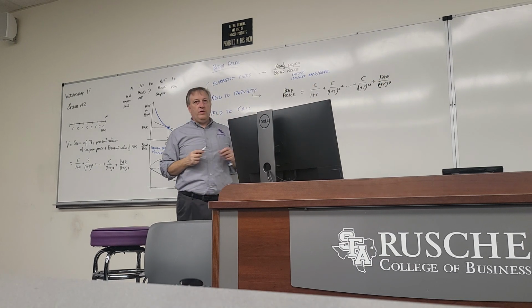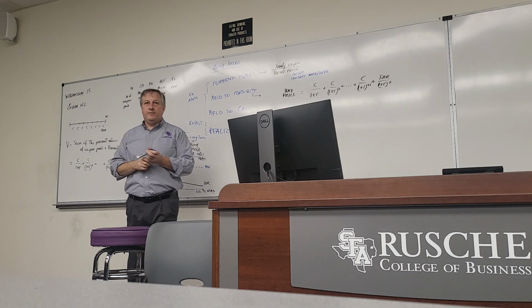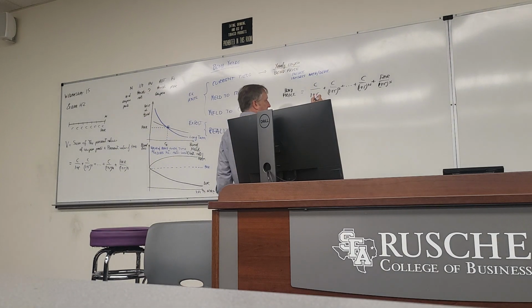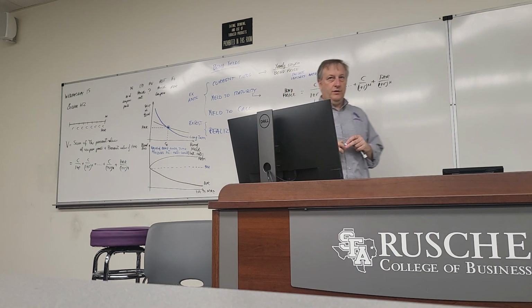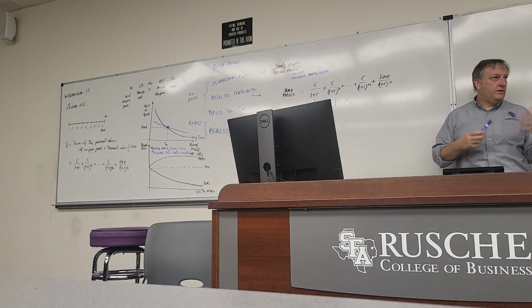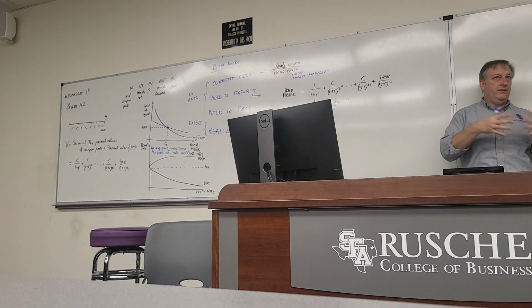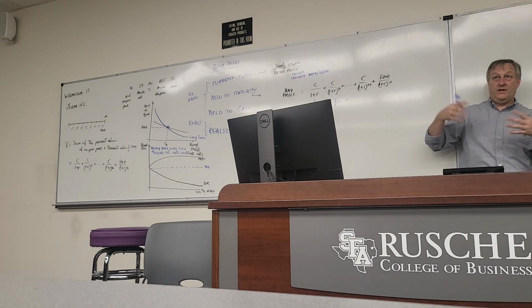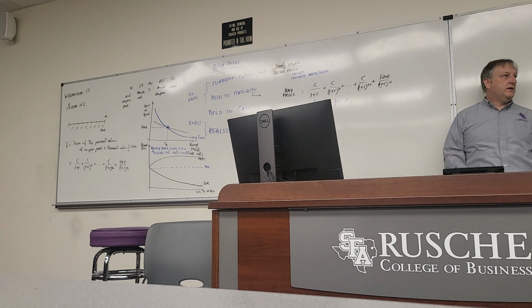Those are all numbers that you have except for R, so I'm going to solve for R. Mathematically, you cannot come up with a closed solution, an equation that gives you the value of R. You have to use numerical methods to figure out what R is.